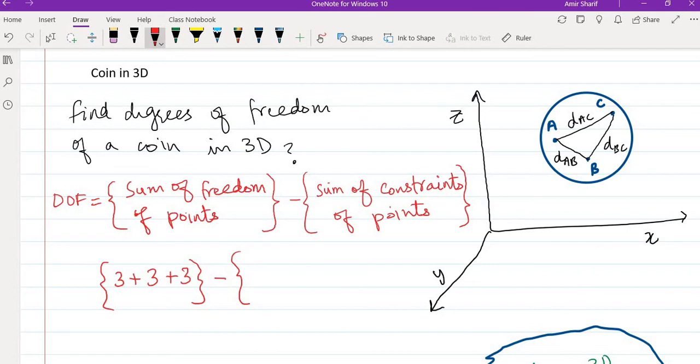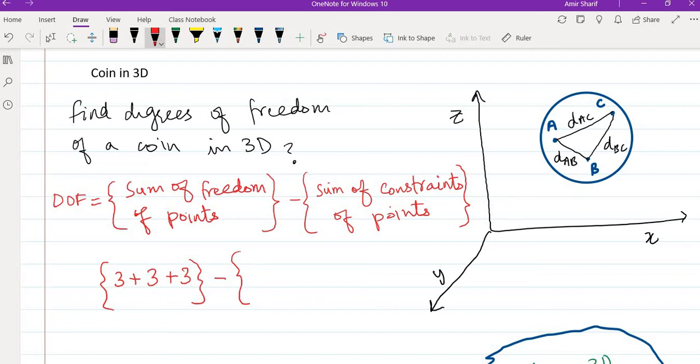The point starting from point A has zero constraints because if it's only a single point, it can go anywhere in this 3D world.